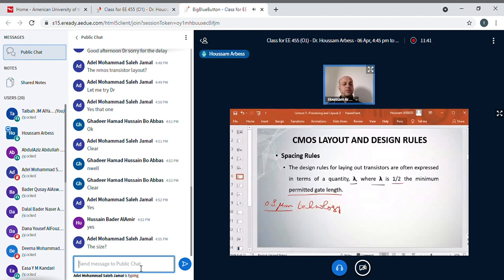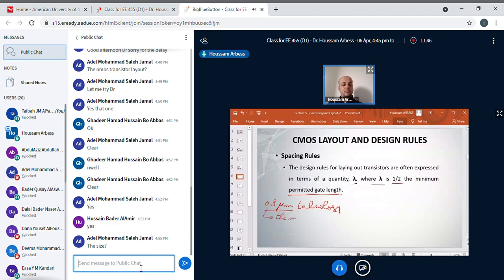When I say 0.8 micrometer technology, this is the minimum permitted gate or channel length. The minimum allowed channel length in this technology is 0.8 micrometer.